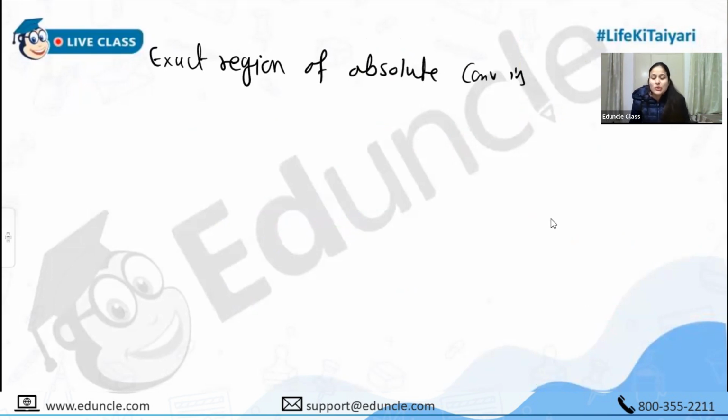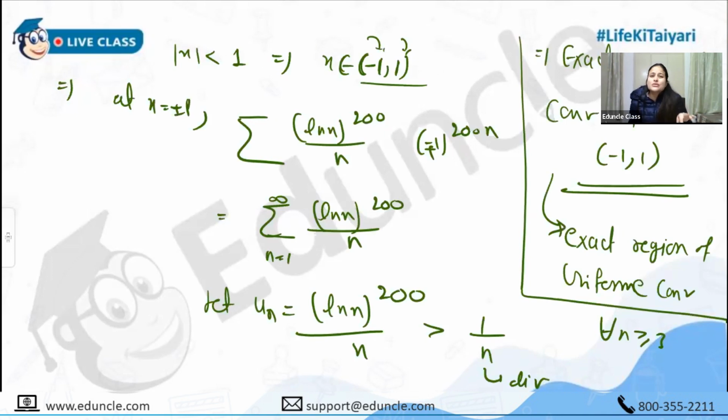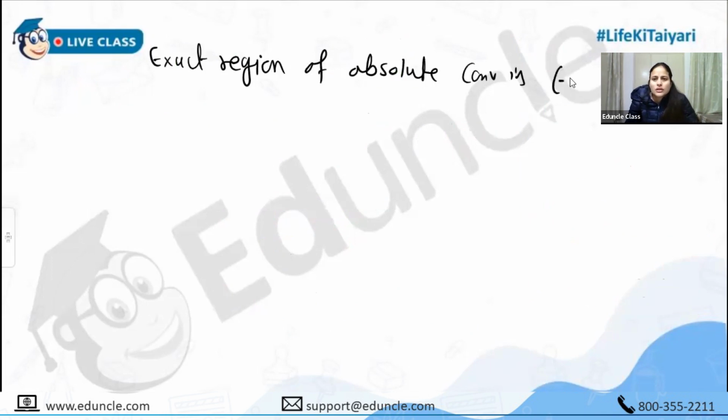Yes, it would be same because at the boundary point my series is not convergent. At the boundary point +1 or -1 my series is not convergent, so it cannot converge absolutely. जब series convergent ही नहीं है तो absolutely convergence तो कहाँ से रहेगी? So it will be same as open interval -1 to 1. No need to check for the absolute convergence. आगे समझ में सभी को?